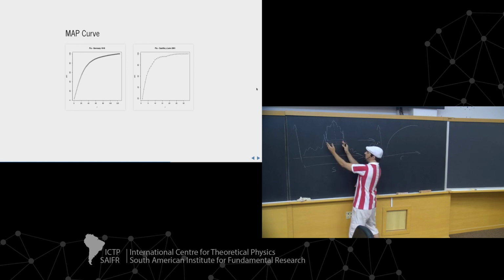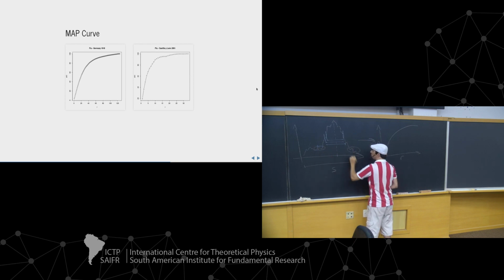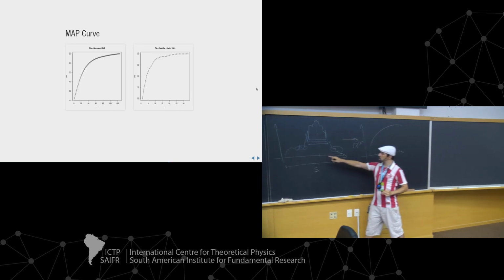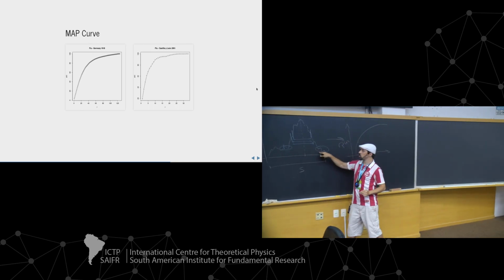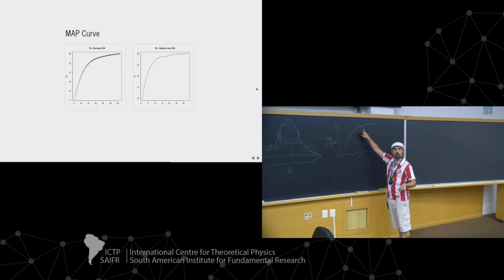So at some point, adding 1 or 2 weeks, I'm including more and more observations that are close to the baseline, and so the contribution to the MAP curve will get lower and lower.